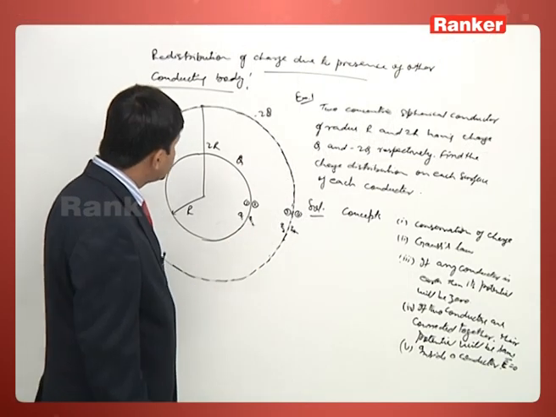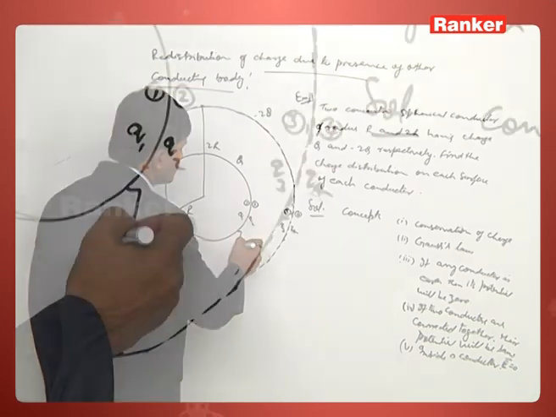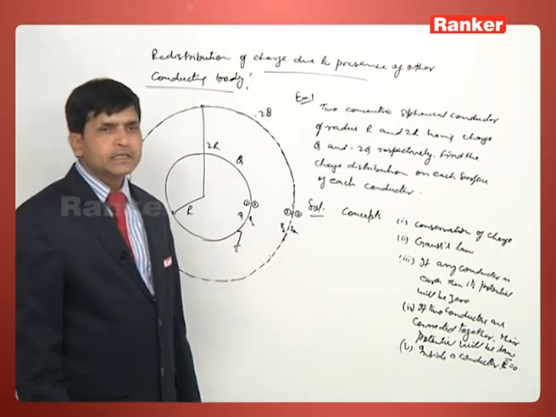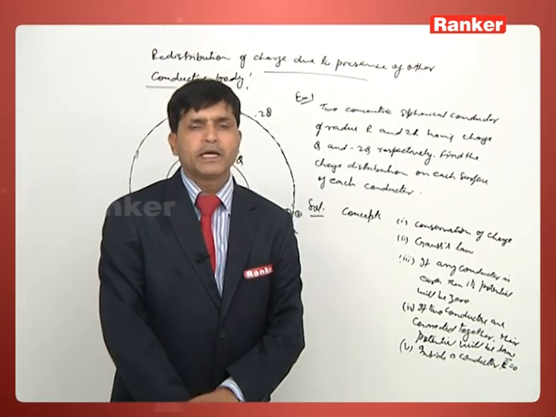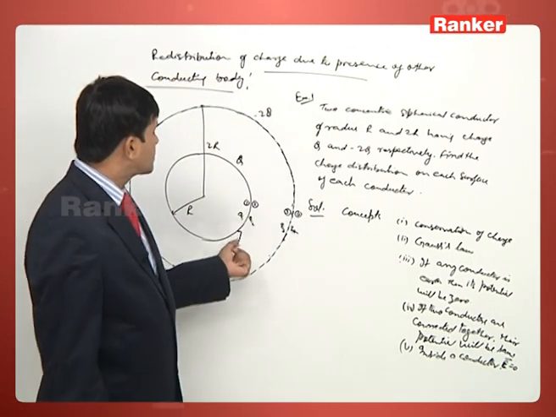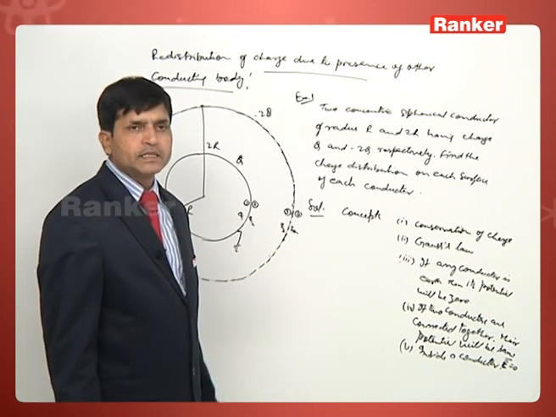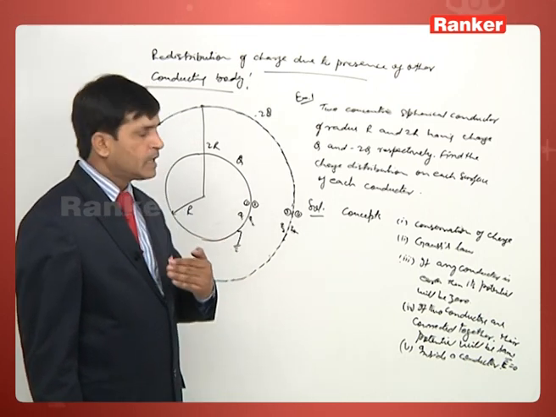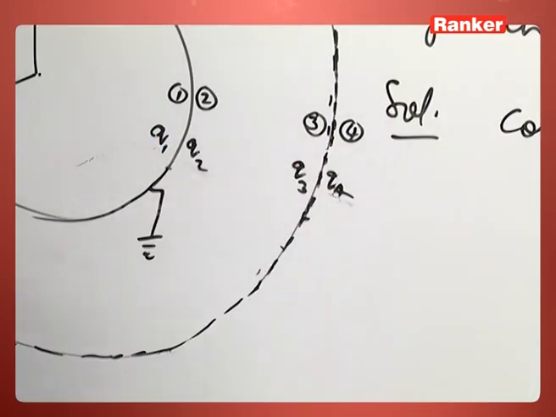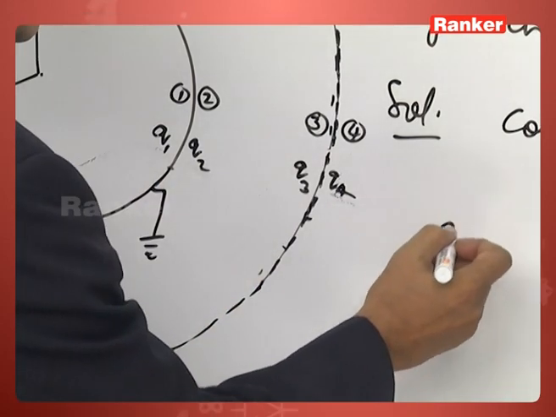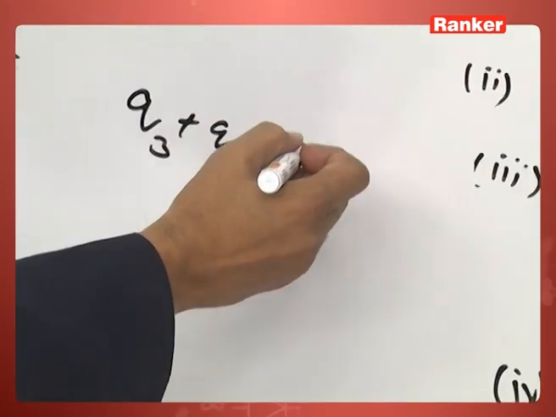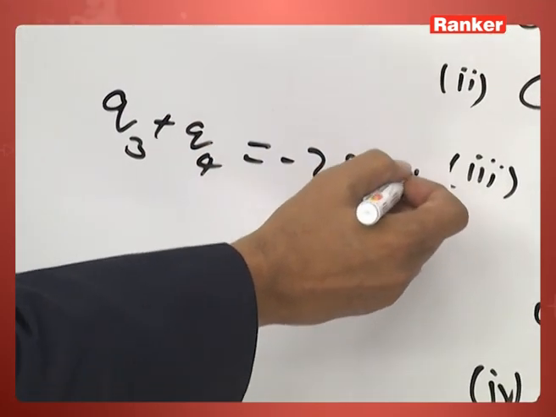If we are making the inner shell earthed, same concept, nothing is going to change here. If the inner shell is earthed, one thing is that we cannot apply conservation of charge for the inner shell, because to make the potential of the inner shell 0, some charge interacts between the ground and the conductor. But we can apply conservation of charge for the outer shell. So our first equation: Q3 plus Q4 is equal to minus 2Q. Let this be your first equation.